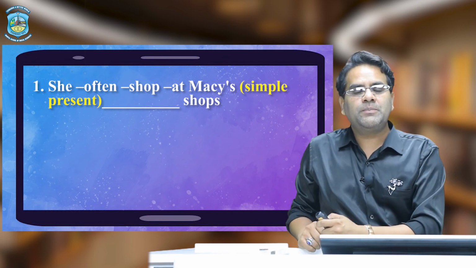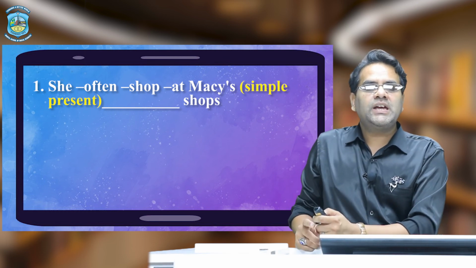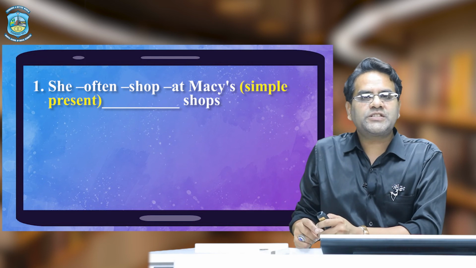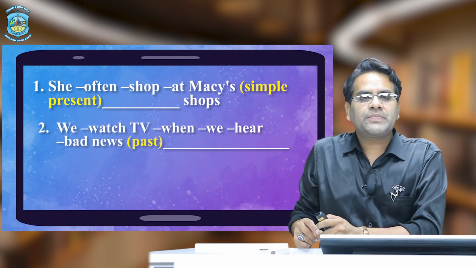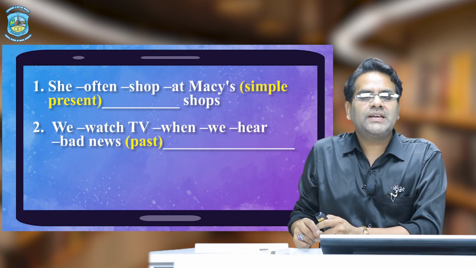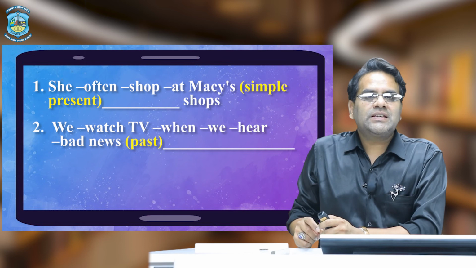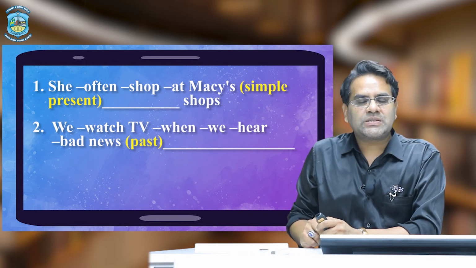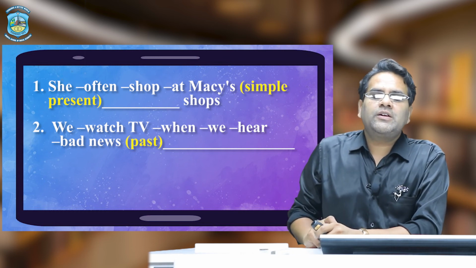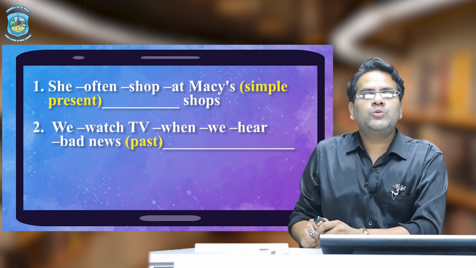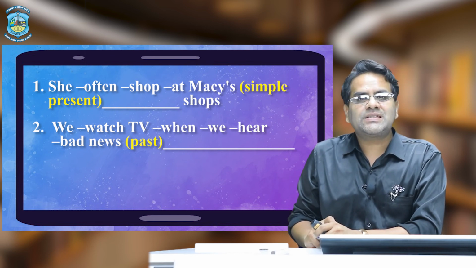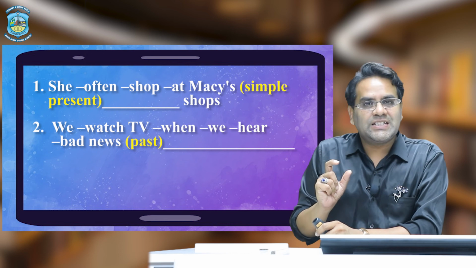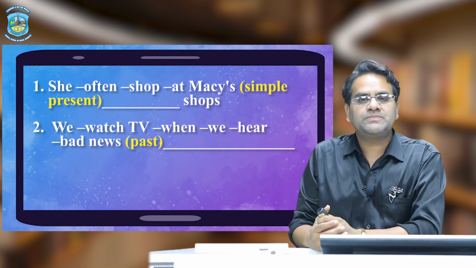Let us first begin with the sample example. She often shops at Macy's. This entire example is in the simple present form. These blanks or dashes will help you to construct the complete sentence out of these bifurcated hints or words.